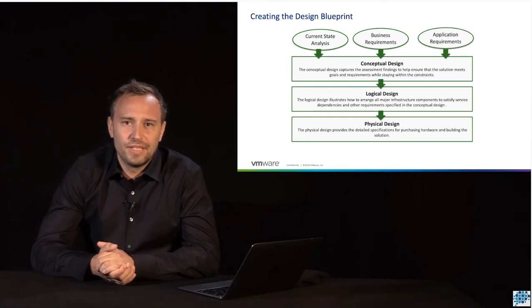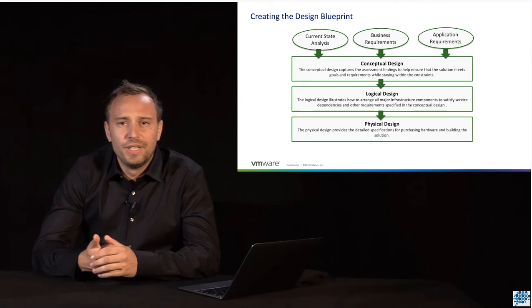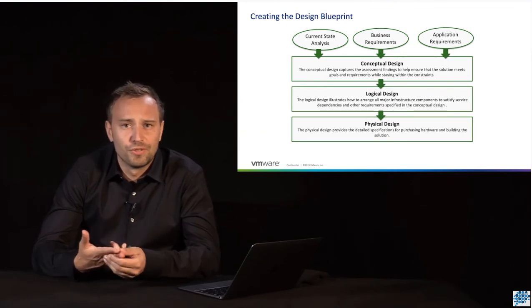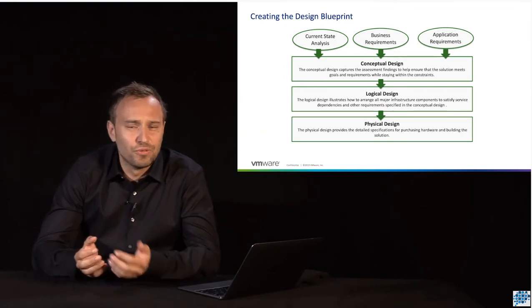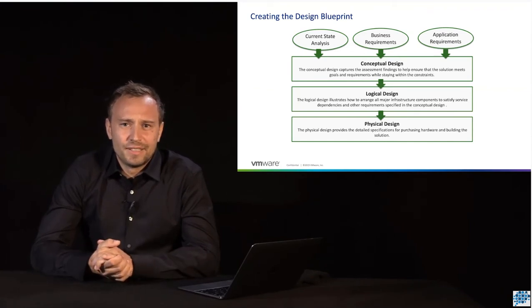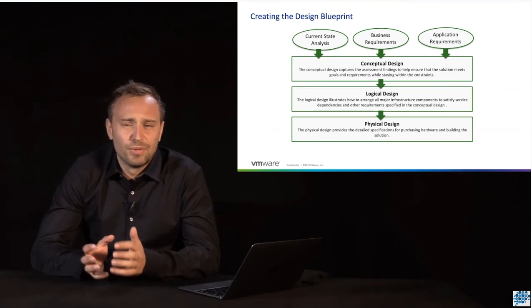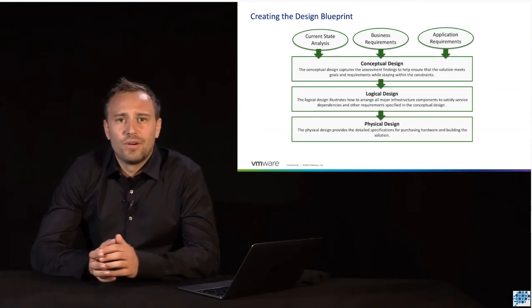Based on the logical design, in the end we build the physical design. The physical design includes all of those configuration parameters like which IP address, which host name, which version of a certain solution, which configuration items we are building into the solution. And of course that is an iterative process we carry out over a certain amount of time to create the proper solution, and we never forget to put the end user and the requirements of the end user in the middle of all our design decisions.